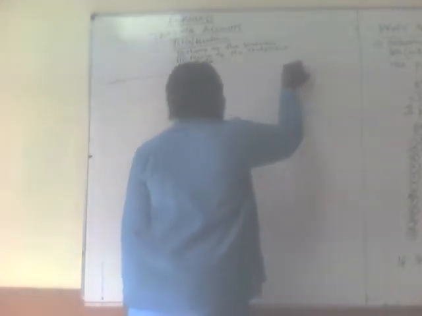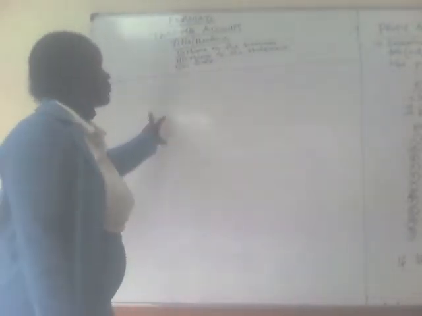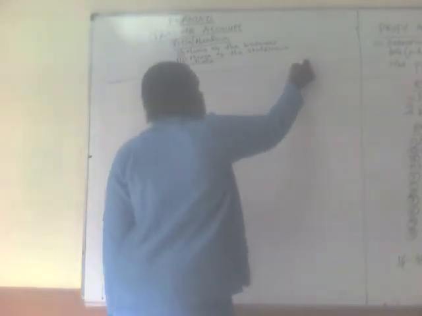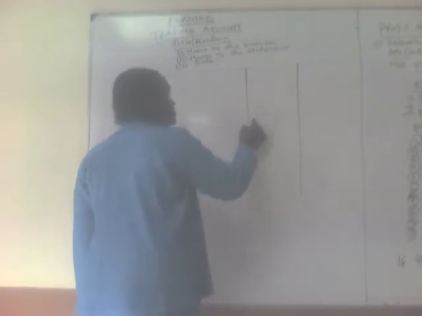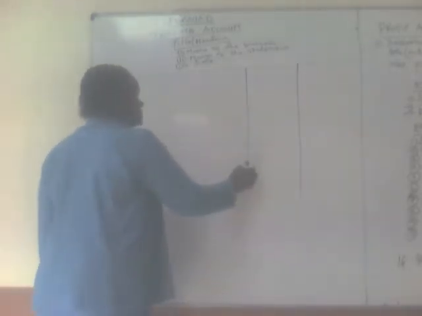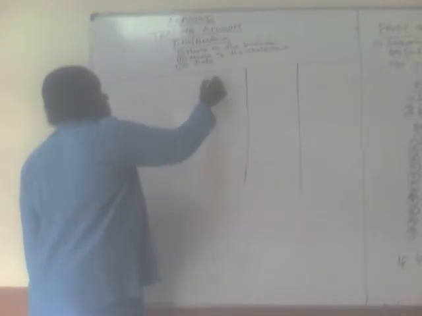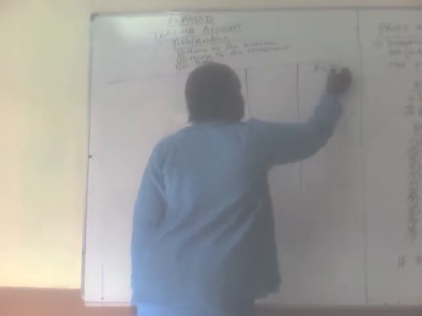We don't use the T account. We usually use the vertical format. The vertical format, we have 3 columns. We write the currency.